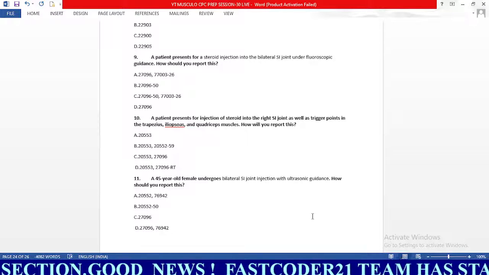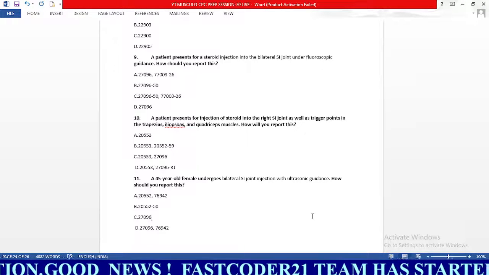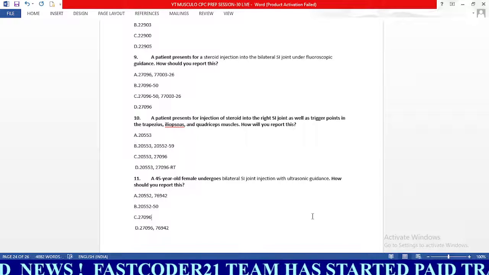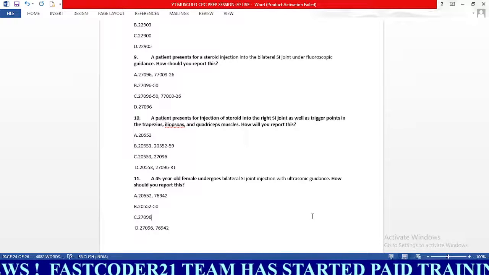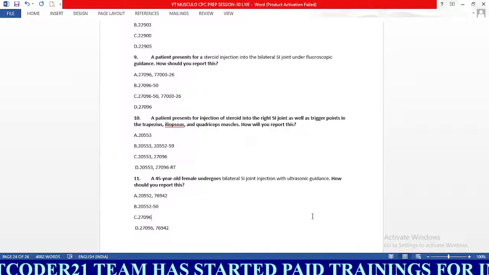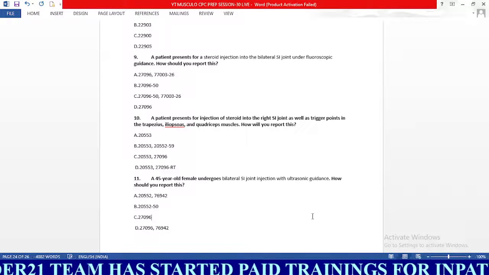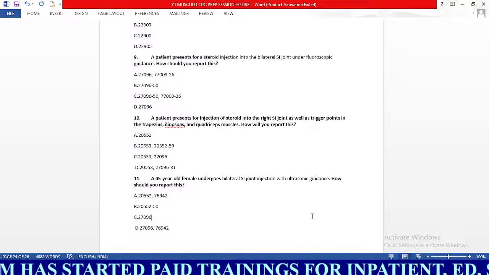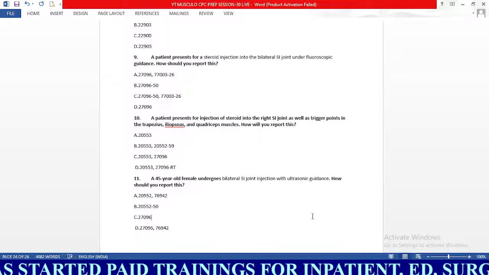Injection, single or multiple trigger points, one or two muscles. Basically here the physician has performed steroid injection into the SI joint, not trigger points. So the 20552 series is wrong? A and B are wrong here. So we need to choose among C and D.